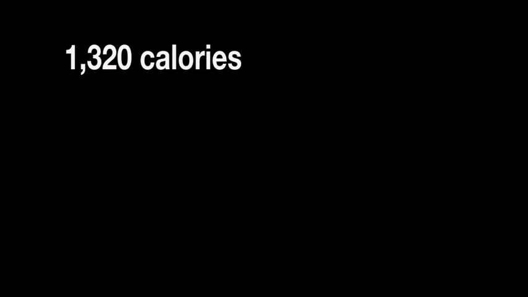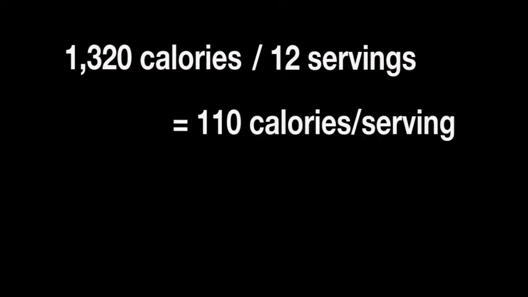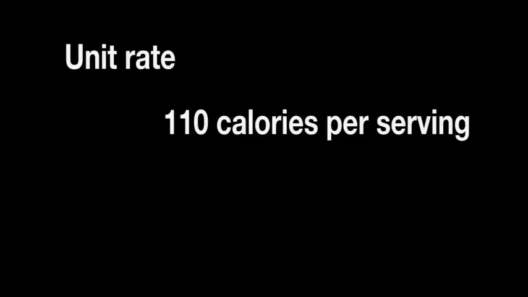Let's find the unit rate of calories per serving. To find this, we divide 1,320 calories by 12 servings to get a value of 110 calories per serving. In other words, the unit rate is 110 calories per 1 serving.